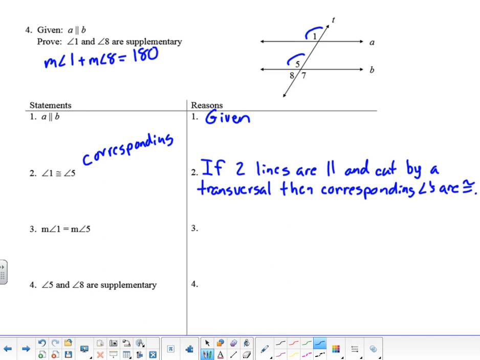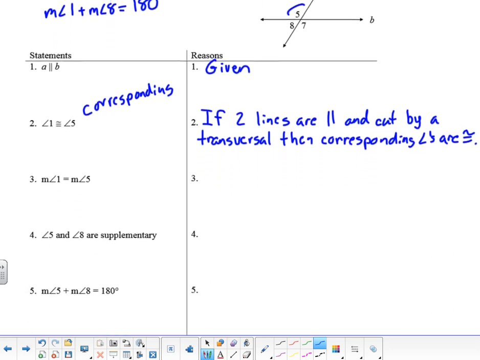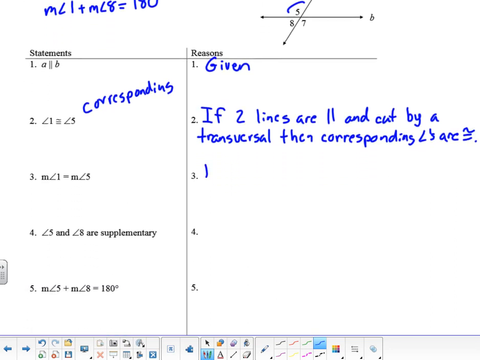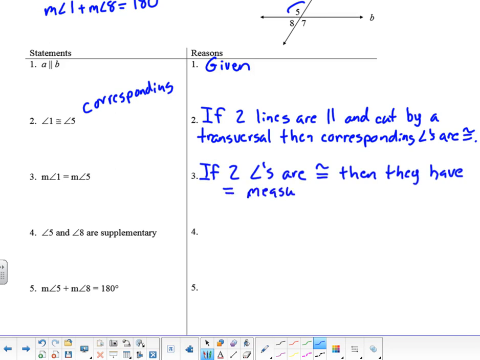Okay, now the measure of angle 1 equals the measure of angle 5, and that's simply this. If two angles are congruent, then they have equal measure. Okay.